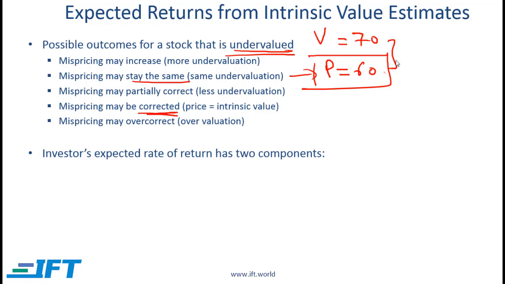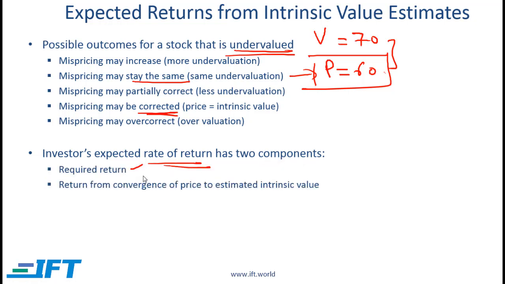When you buy an underpriced stock, then your expected rate of return has two components. One component is the required return, and this will be calculated typically based on a model such as CAPM, where the return will be based on the risk characteristics of the investment. The other component of return is based on convergence, and convergence here refers to the convergence between the market price and the intrinsic value.